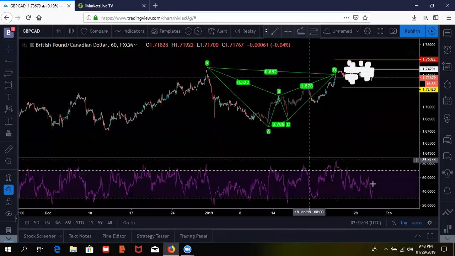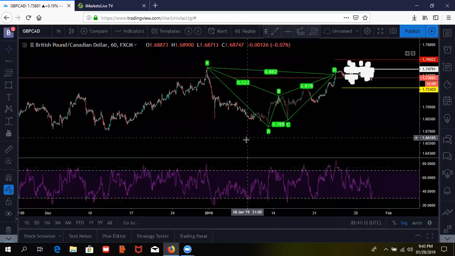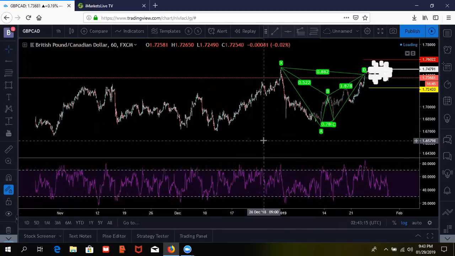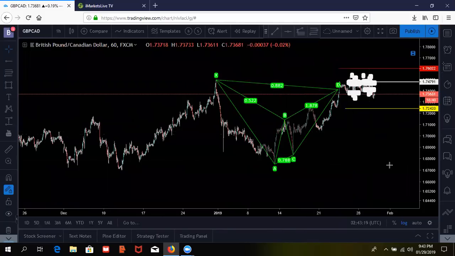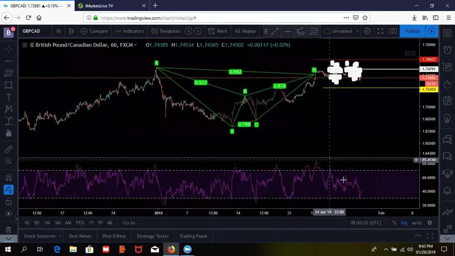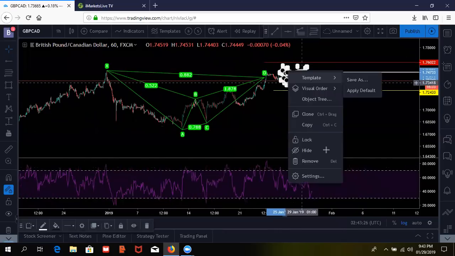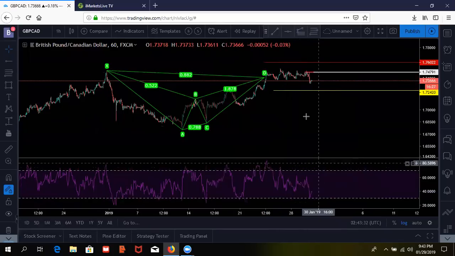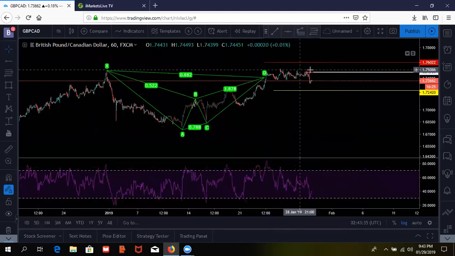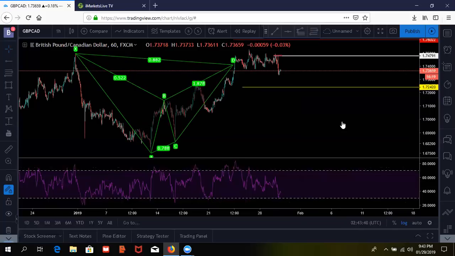I will use RSI to see if I have some type of divergence with the harmonic pattern, because if I do, then that's a higher probability to enter for a trade opportunity as well. Now, not always are you going to have divergence, but when I do have it, then I definitely enter. Let me see if we have any. I guess this might be a form of divergence.